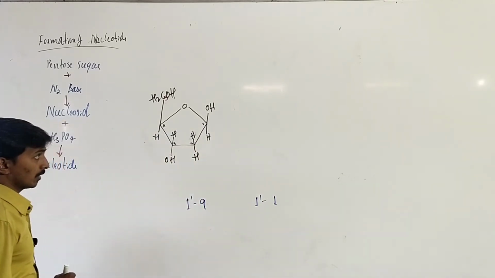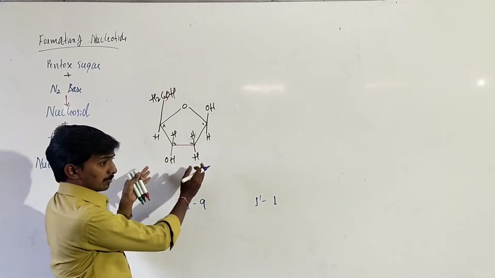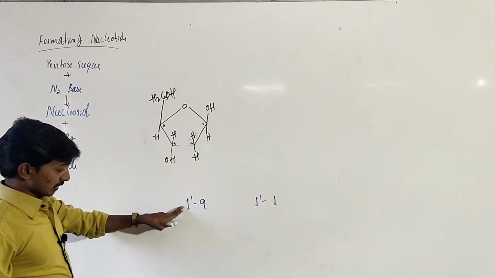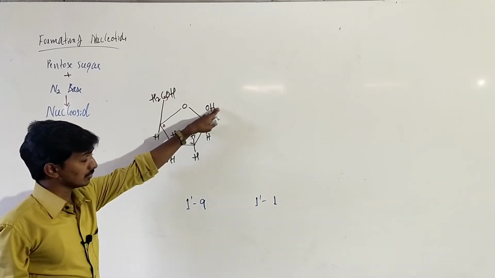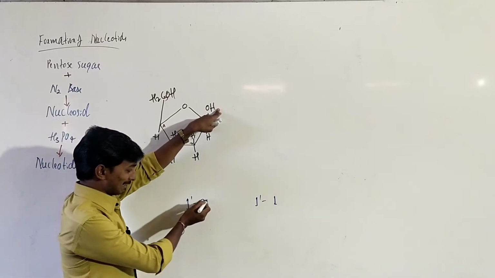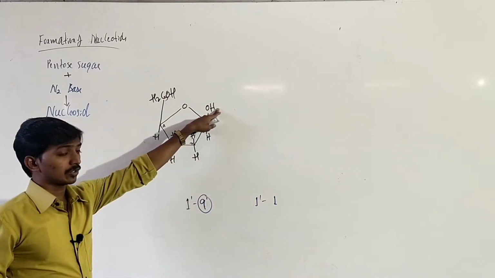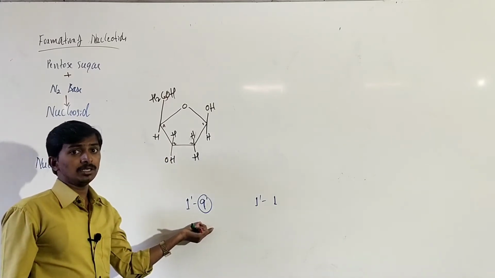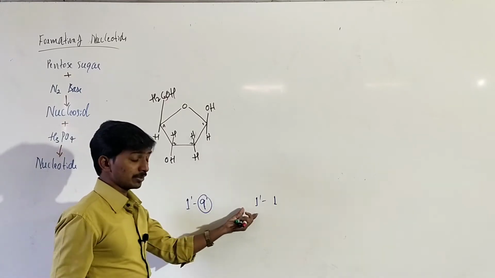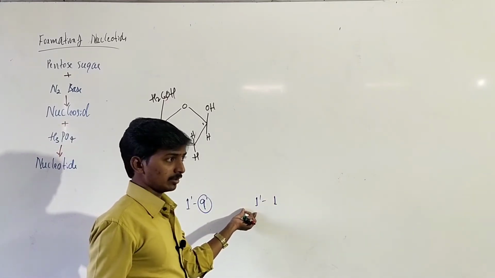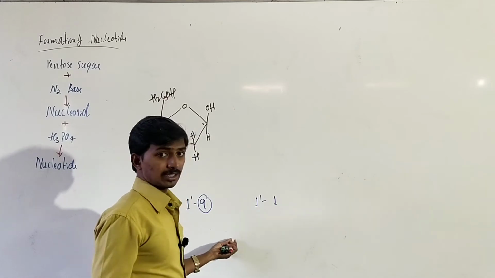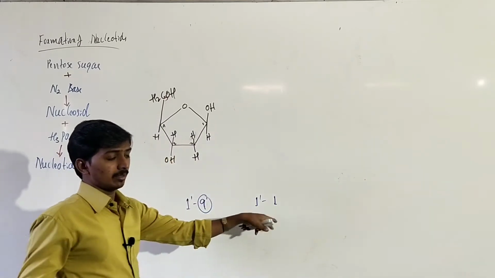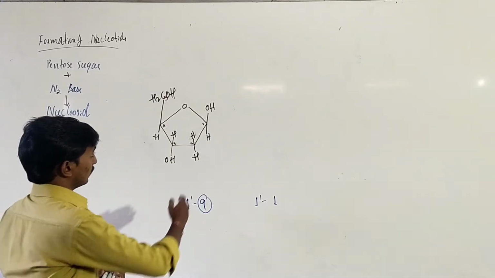It means when the nitrogen base binds to the sugar, the first carbon of the sugar and the 9th nitrogen of the nitrogen base are involved in forming the glycosidic bond. Similarly with pyrimidines like thymine and cytosine, the first carbon of the sugar and the first nitrogen of the pyrimidine bind.